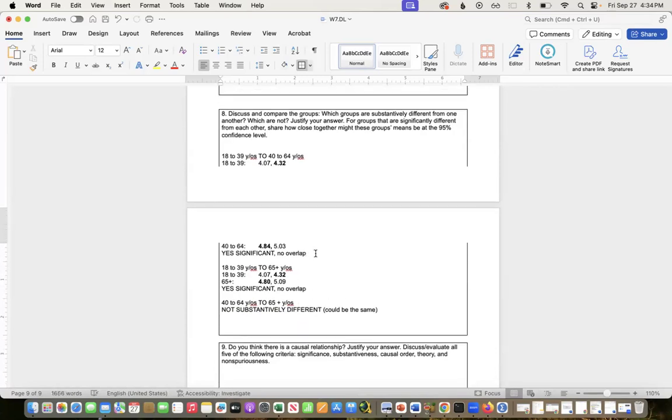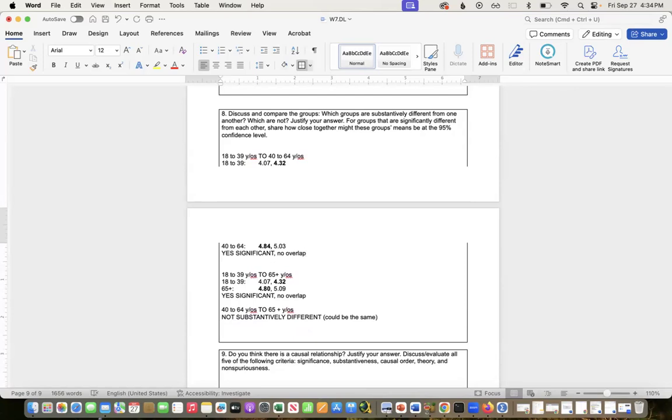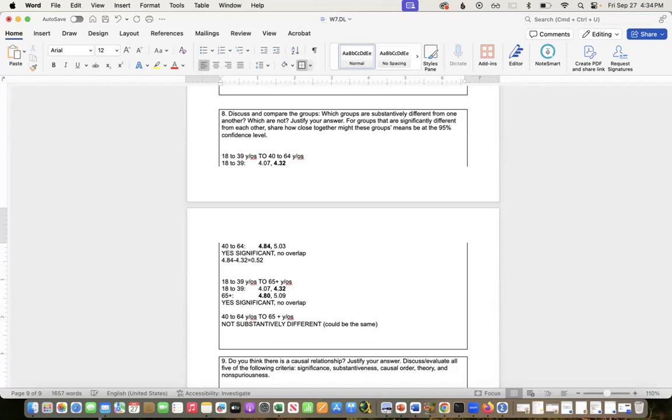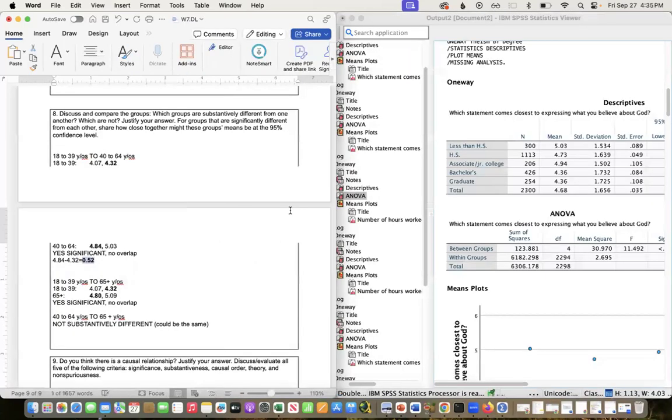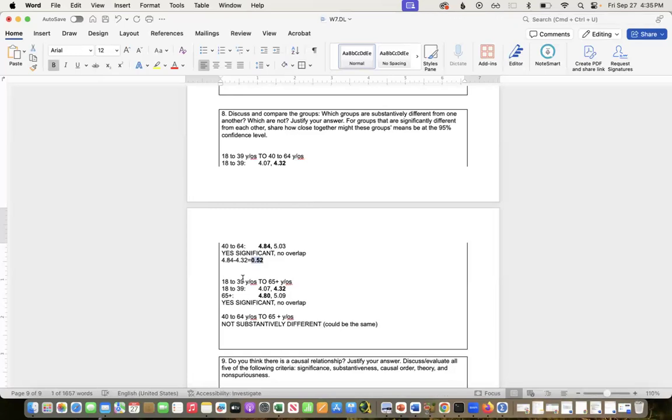They are significantly different. And so the question is, we're 95% confident they're at least how different. So the closest they could be are these. So this would be 4.84 minus 4.32, which gives me 0.52. So we're 95% confident that this one is at least, right, half a unit on that 1 to 6 scale.